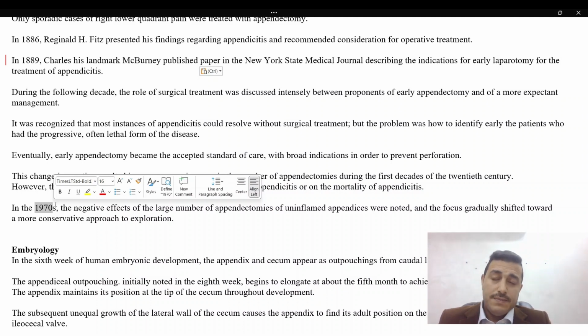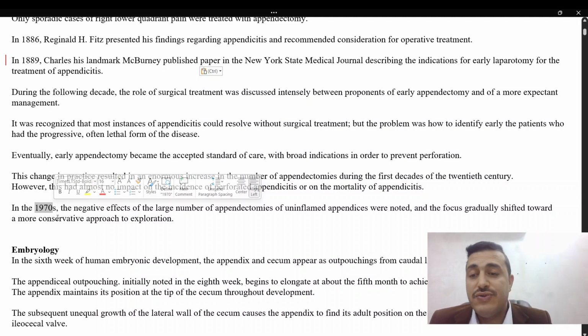We will see later in this lecture that early appendectomy, just because we fear perforation, does not decrease mortality and morbidity. And so since the 1970s, the number of laparotomies and appendectomies has been decreasing a little bit. This was just a brief introduction to the history.